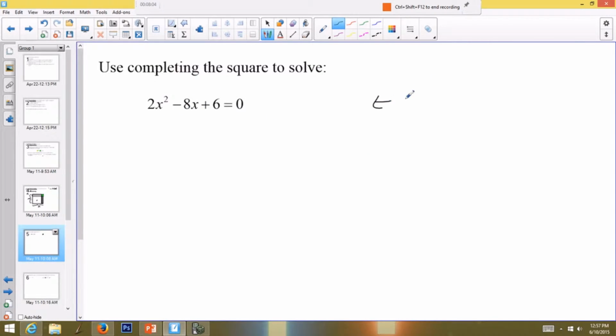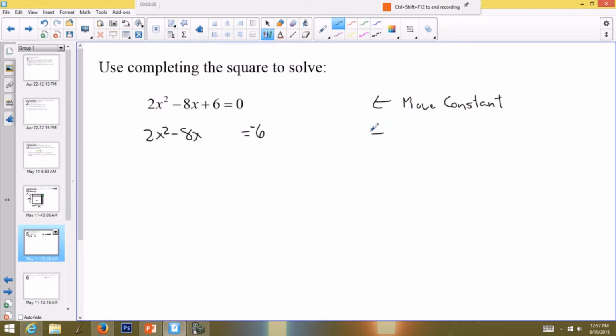So the first thing I want to do is move the constant. When I move the constant, it's added here, so I'm going to subtract. So I'm going to go 2x squared minus 8x, and then we'll subtract 6. There we go. I've subtracted 6.